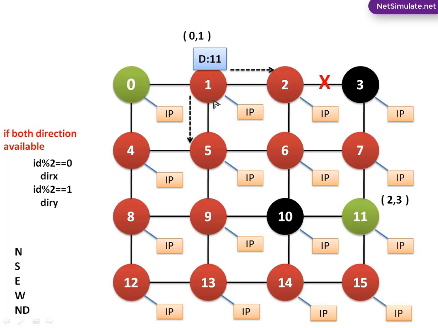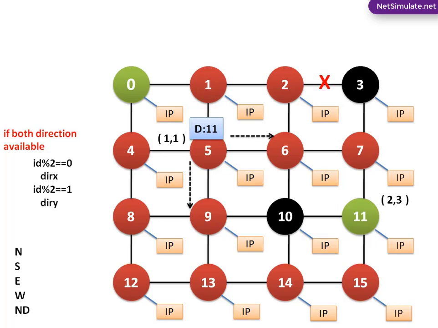But here the next code which is executed is that next code will check is there any failed link with the next node, like when one transmit packet, so next node can be 2 or 5, so it will be checked if these next node having any link failure or not. So here if we can see 2 is having a link failure, so this node 1 will opt direction for packet is y-axis, so it will send its packet to 5.